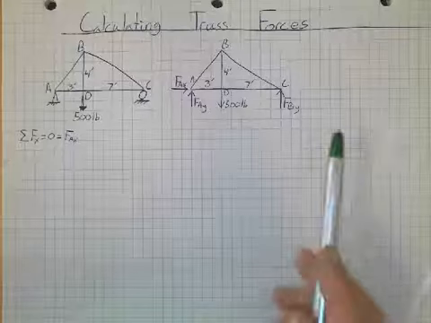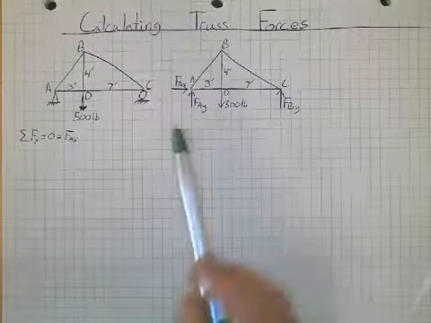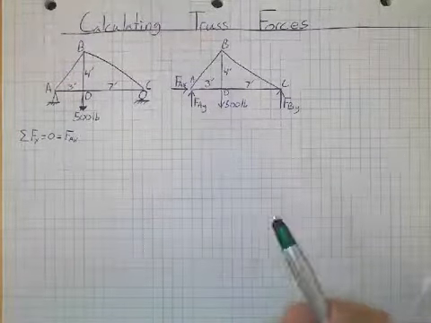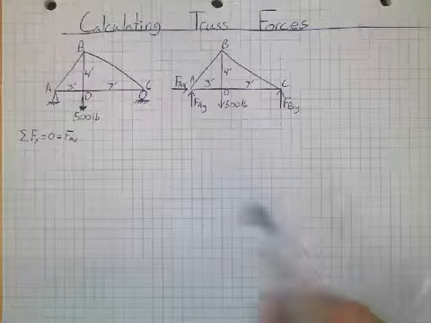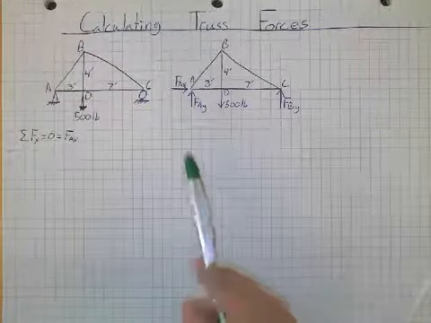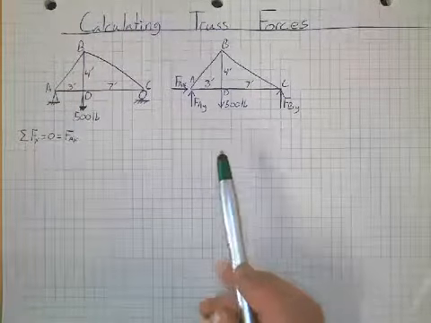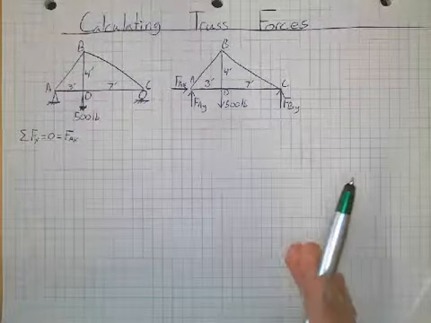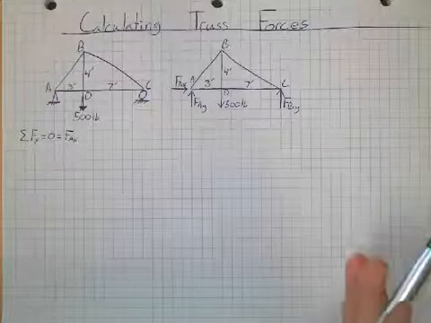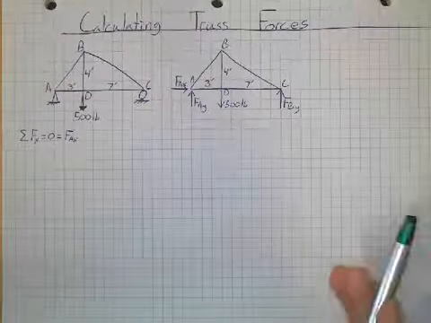We're going to move on now from calculating simply supported beam reactions, and apply that to calculating truss forces. To start off, this truss force calculation ends up being exactly like a simply supported beam calculation.